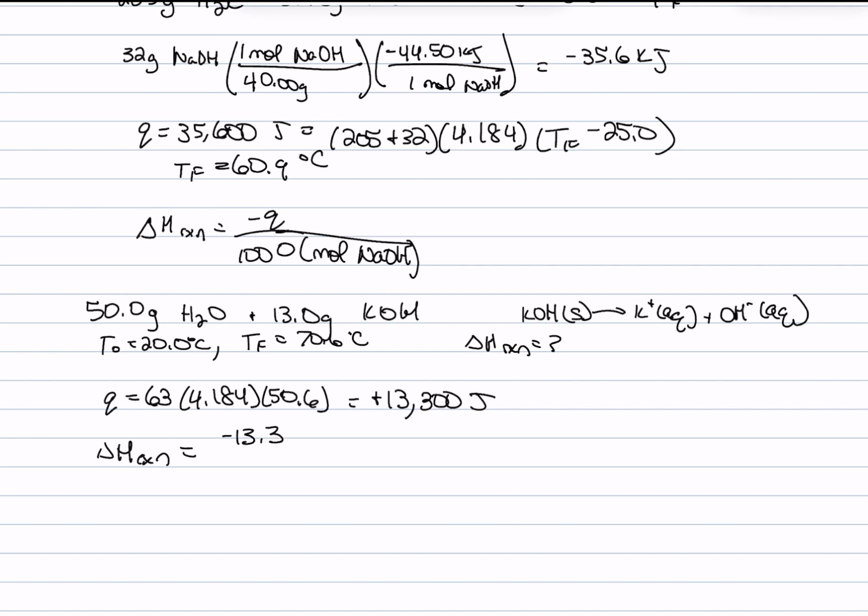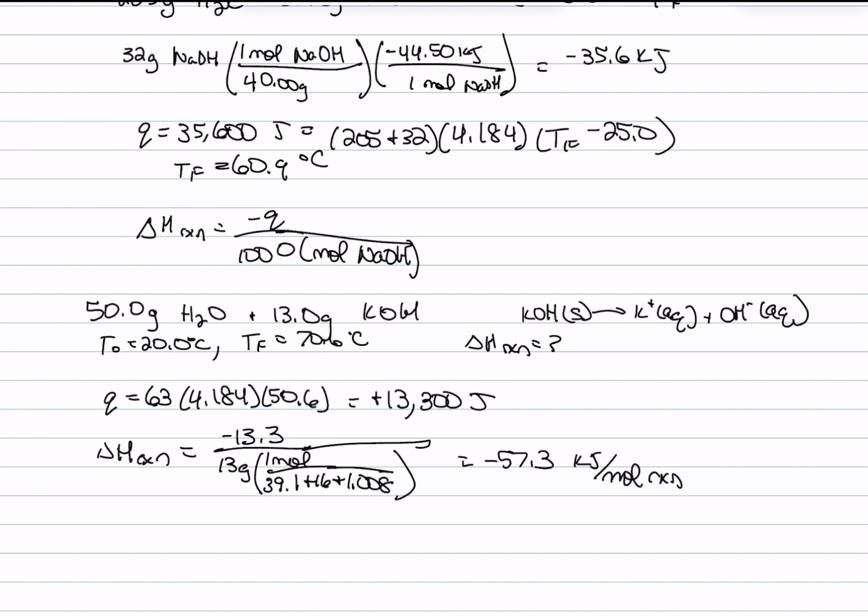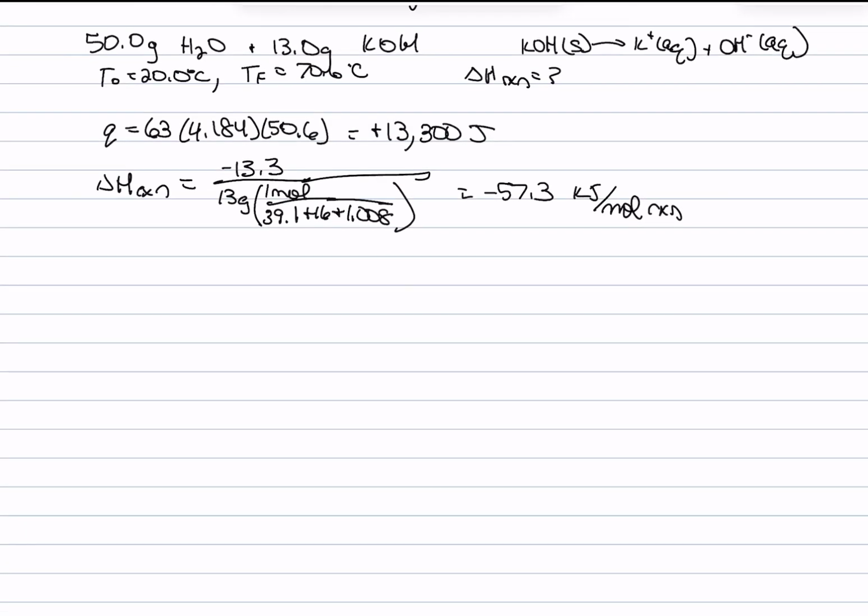So we know that the delta H must be negative, and so we divide that number by 1,000, giving us negative 13.3 kilojoules. And then we need to divide by the moles of KOH, and so that's 13 times 1 mole over 39.1 plus 16 plus 1.008 grams. And so overall, that gives us negative 57.3 kilojoules per mole of reaction.